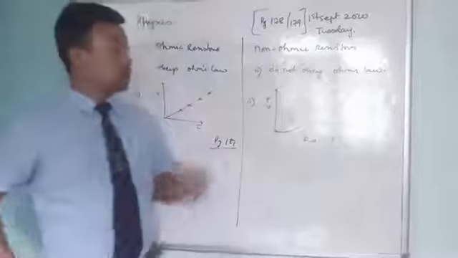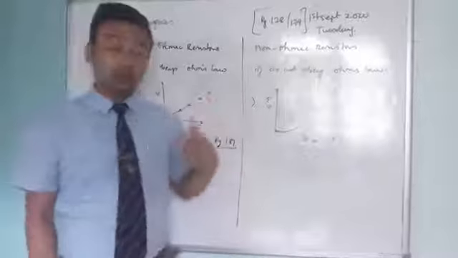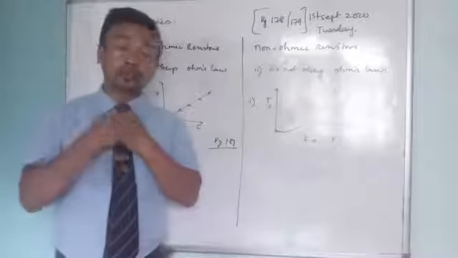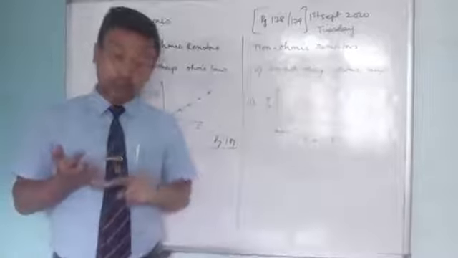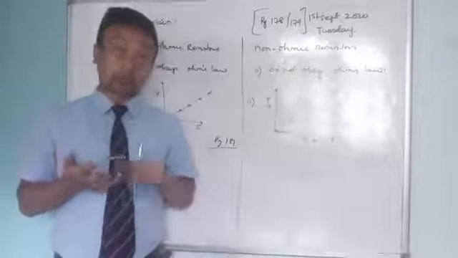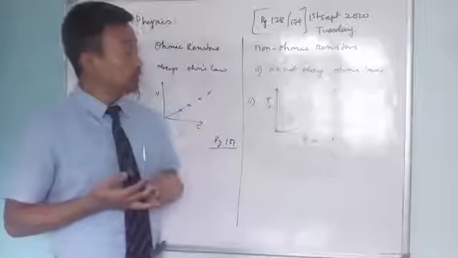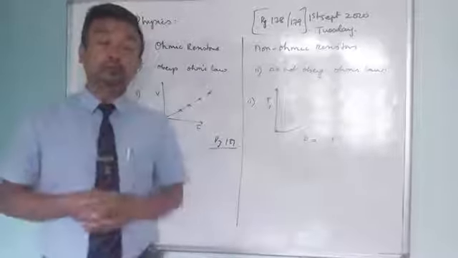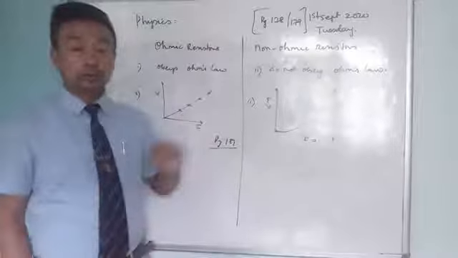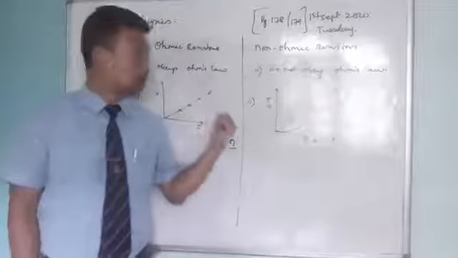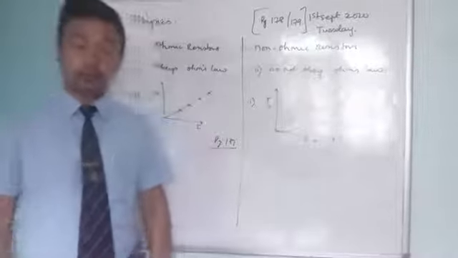In the next class, we will be discussing electric power and energy, but before that we will solve some simple numericals. Please do the homework that has been given to you. Thank you and have a nice day.